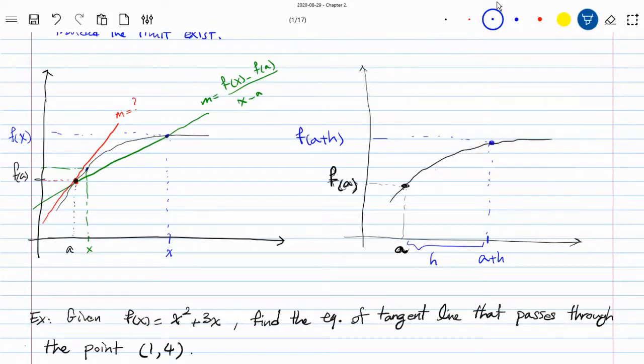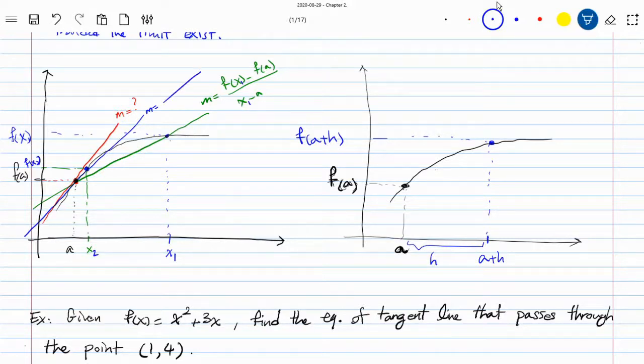So if I pick the point here and draw the line through the point A and that new point, the line would get closer to the actual tangent line. Let's say this one was x1, let me call it x1. And then here we have the point x2, and the y value would be f of x2.